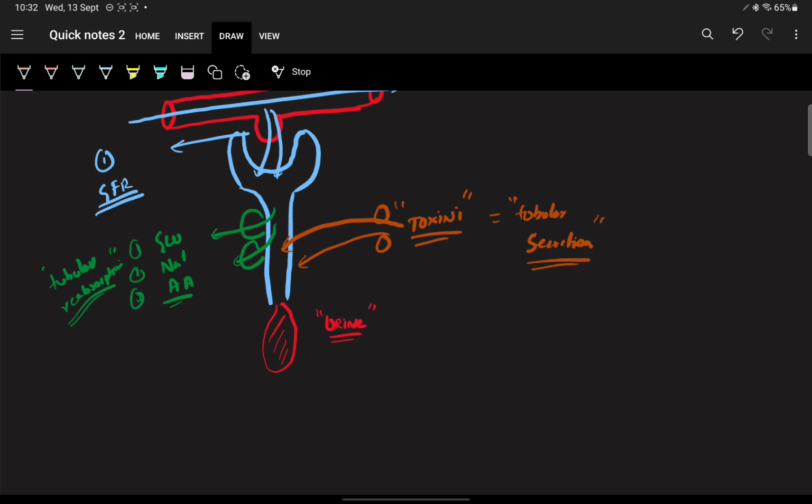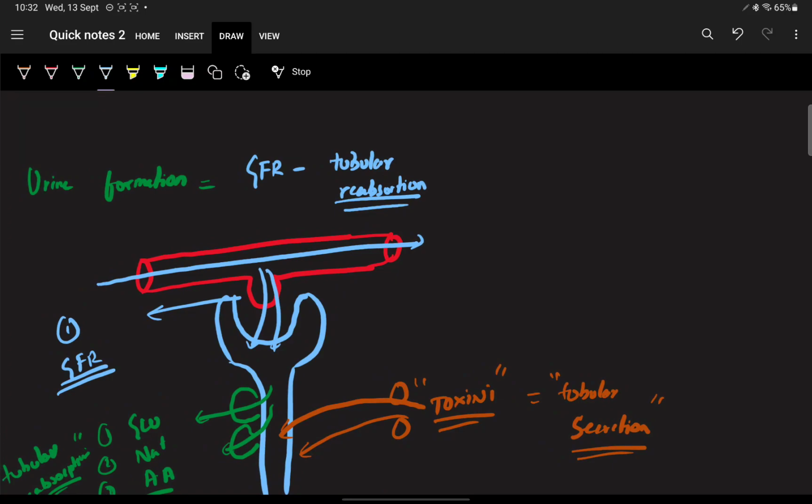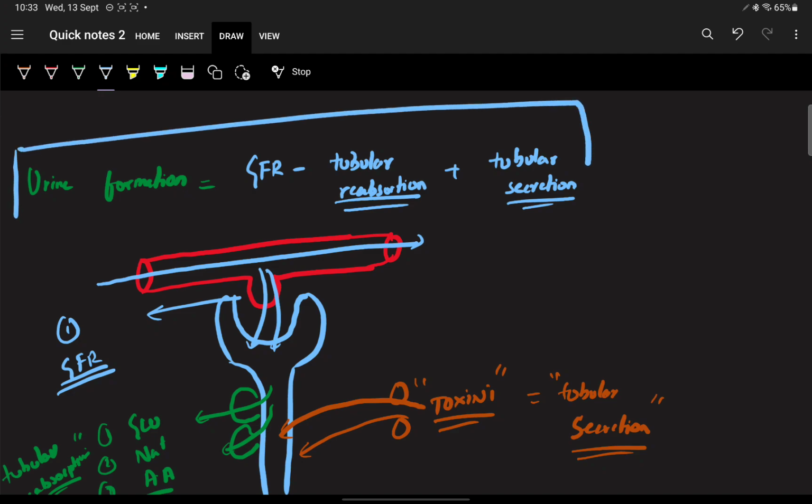So in urine formation, the equation is GFR minus tubular reabsorption plus tubular secretion, because toxins will be excreted into the urine. That's why we are adding tubular secretion. So this is the equation of urine formation. I hope you are clear with this.